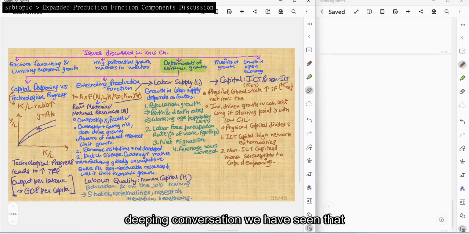In the capital deepening conversation, we have seen that when we only invest in capital, then output per labor falls at some point. But for countries like India, China, or other emerging countries, investment-driven growth can last long, especially because the starting point of the capital to labor ratio is quite low.